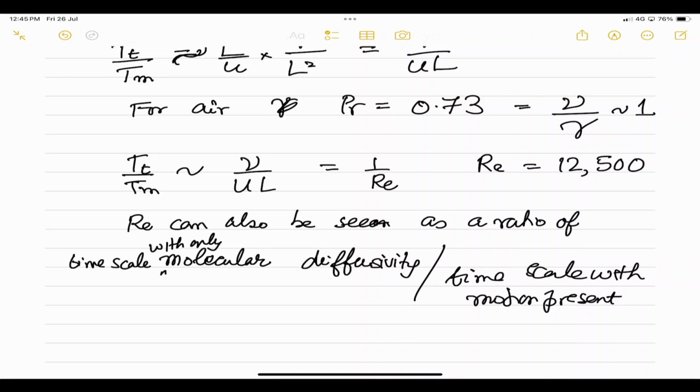Because any small motion, given the values of nu for air are so small, the motion tends to become turbulent.